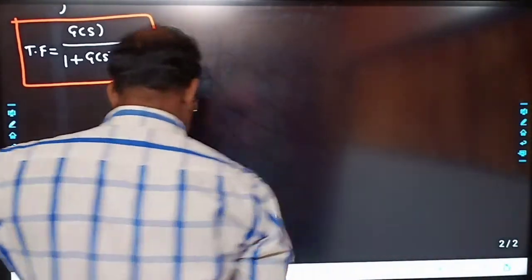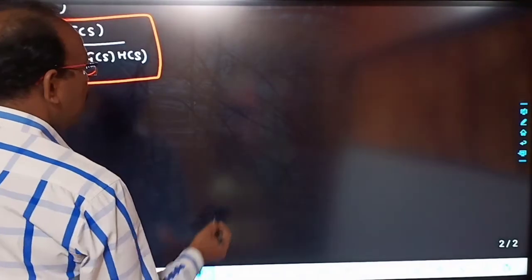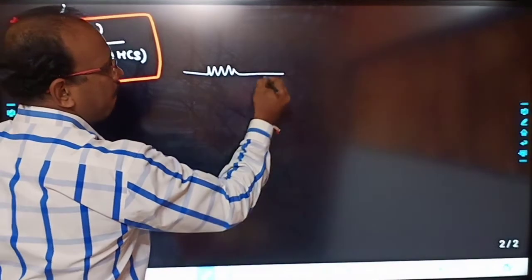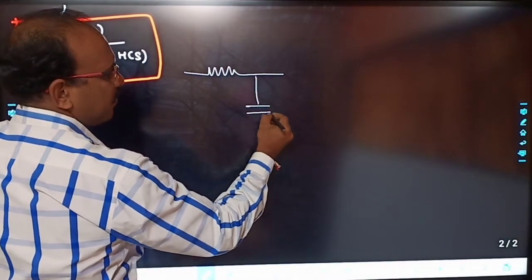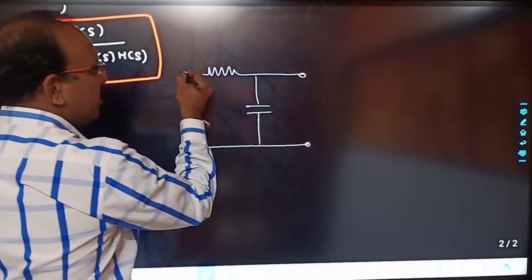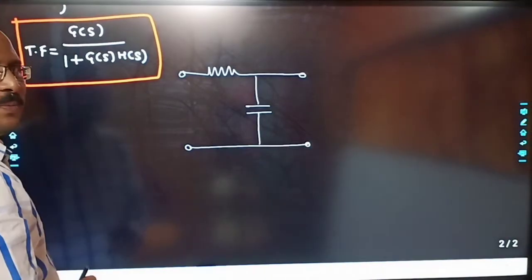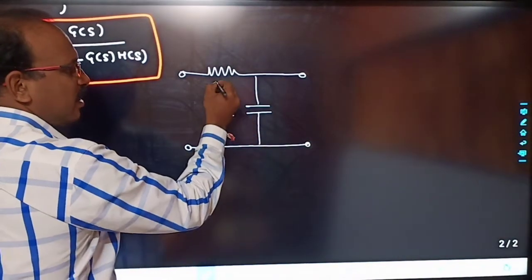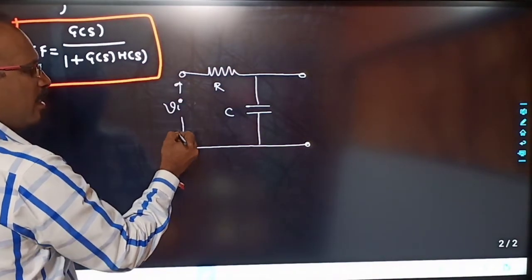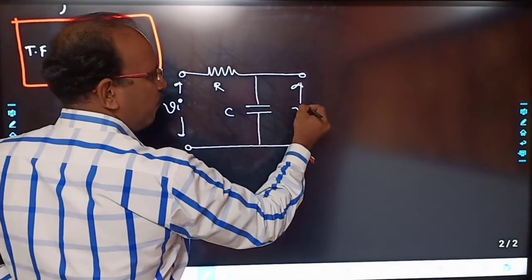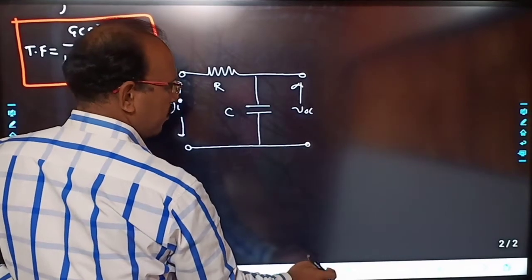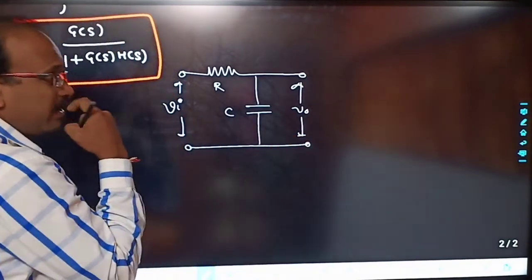So if I consider this type of circuit, with a capacitor, and you know how to find the transfer function of this. Basically this is C, this is R, from this side it is V of I, and this side is the output VO of T. So what is the transfer function of this?